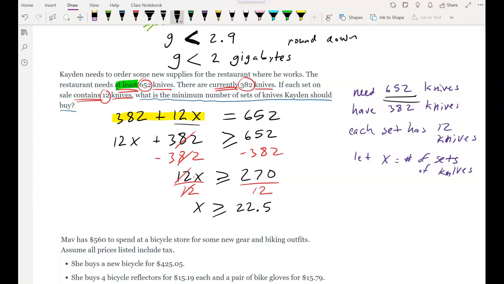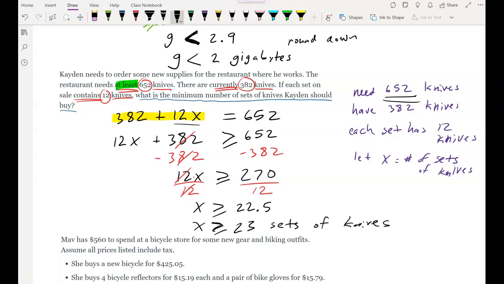22.5. Now we have to ask, because you can't order a part of a set of knives, it can't be 22.5. It has to be either 22 or 23. Now, if you guessed that we should order more than or equal to 23 sets of knives, then you are correct, because the number of knives he has to be greater than or equal to 652.